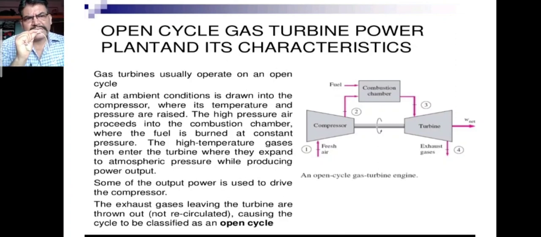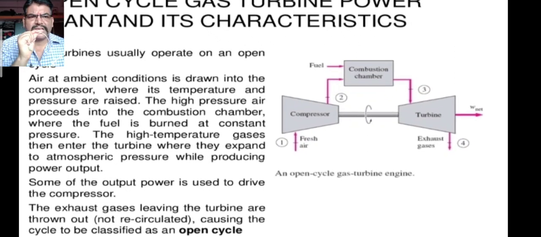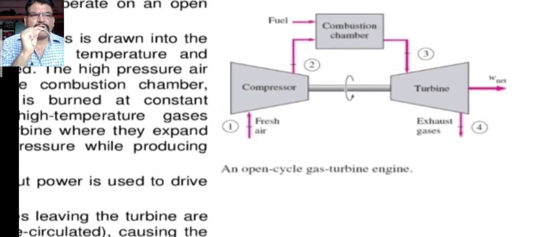Now the open cycle gas turbine power plant, you can see in the diagram how the open cycle is. The compressor and turbine are coupled with the same shaft. In between the compressor and turbine there is a combustion chamber.